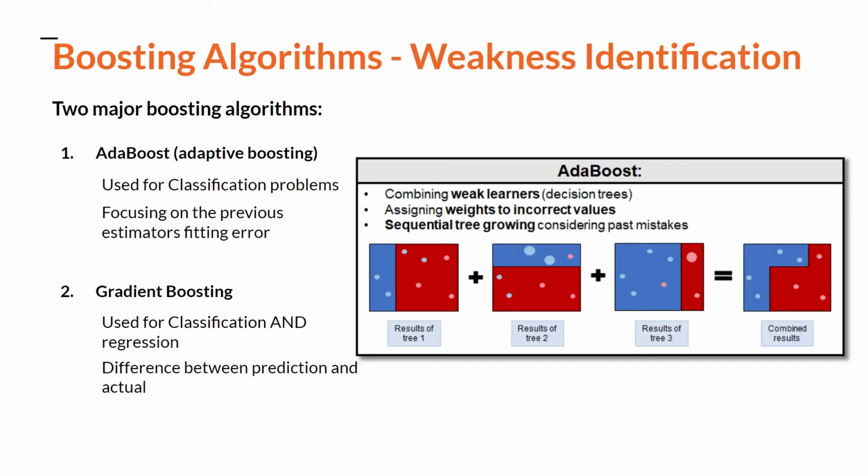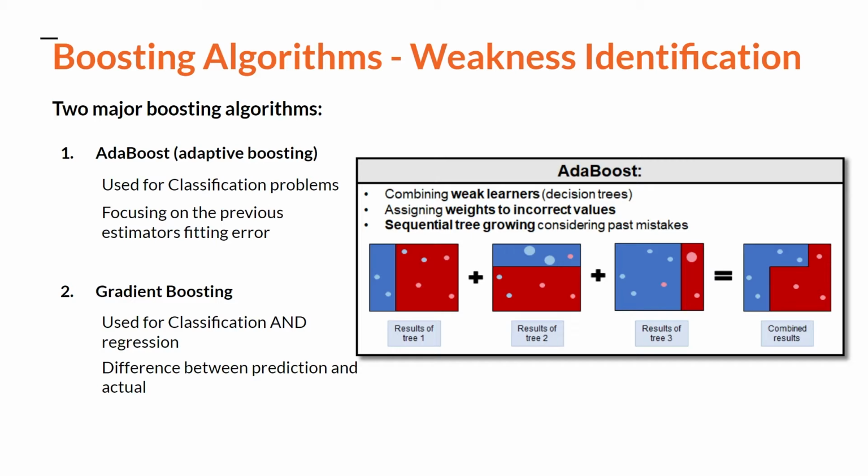So this is kind of a clue as to why boosting reduces bias. It's really right there in the definition of gradient boosting. It says it focuses on the difference between the prediction and the actual value. That's literally the definition of bias, the difference between the predicted value and the actual value.